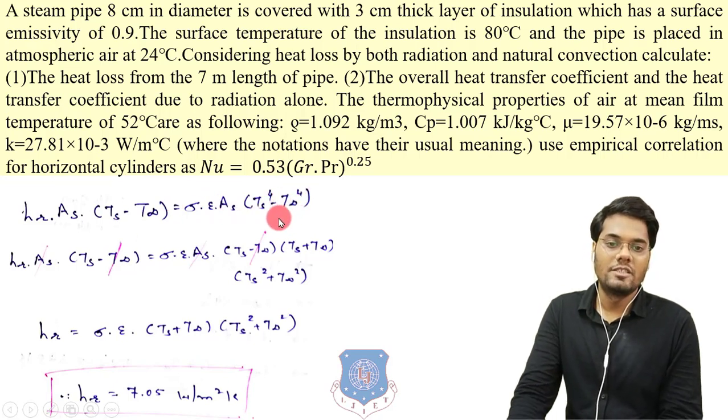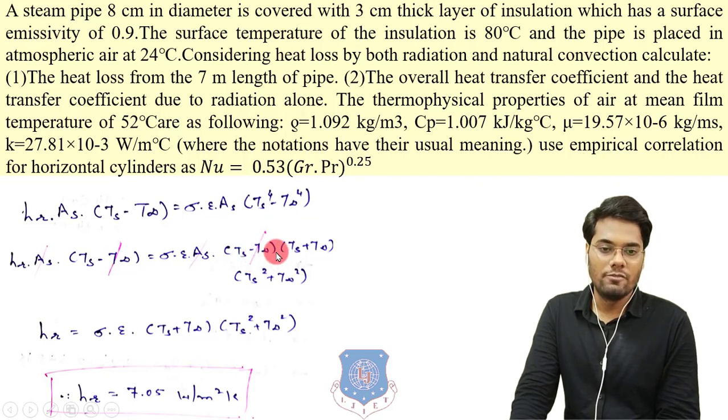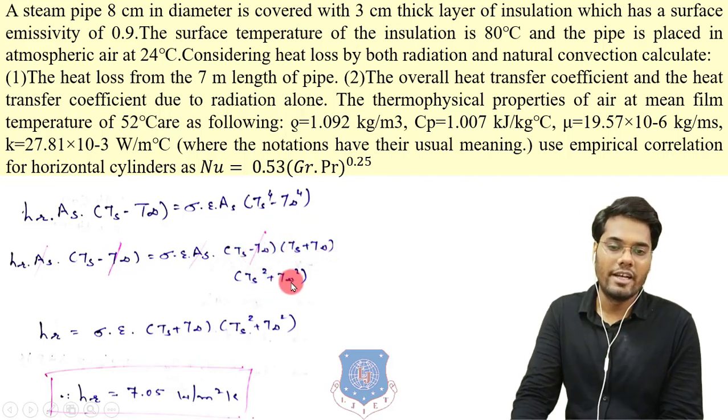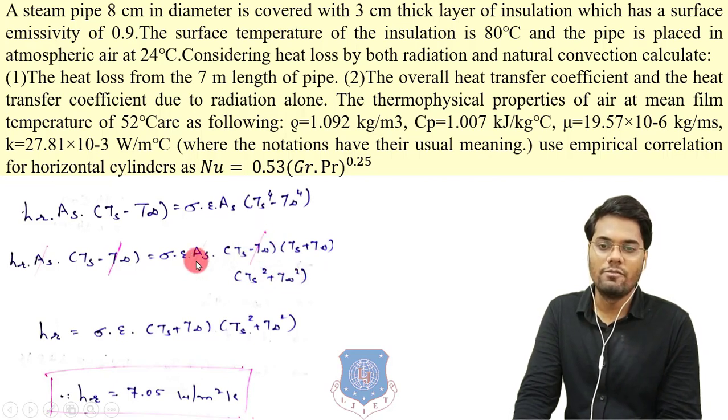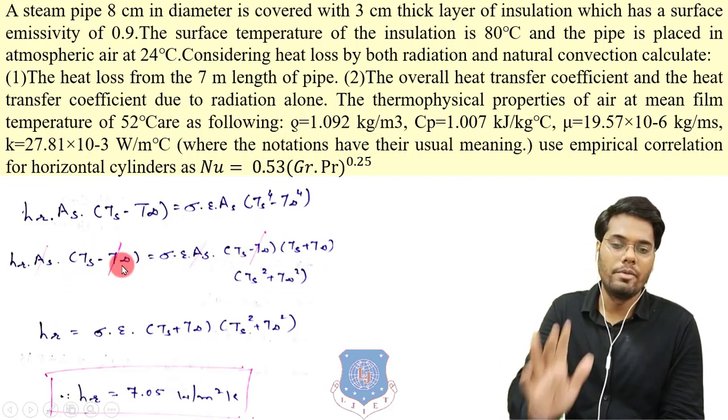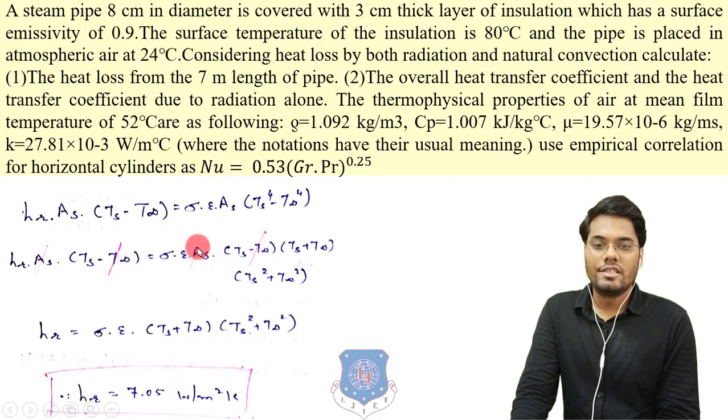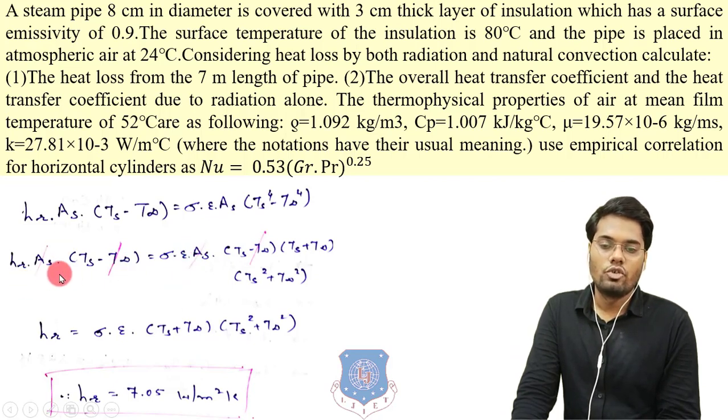We can simplify this bracket by writing Ts minus T infinite into Ts plus T infinite into Ts square plus T infinite square, so this Ts minus T infinite and this Ts minus T infinite will be cancelled out. This surface area and this surface area are also cancelled.